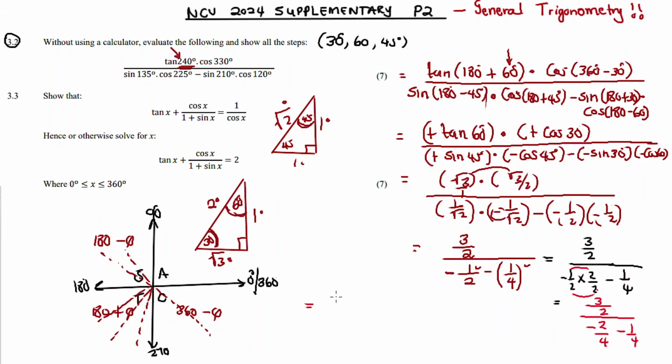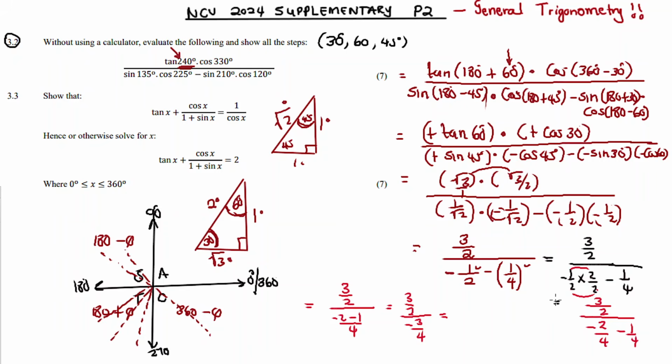Continuing from this side, we have a 3 over 2 dividing minus 2 minus 1 over 4. Now the denominators are the same. We just subtract the numerators. Now we have a 3 over 2 over negative 2 minus 1. That's negative 3 over 4.